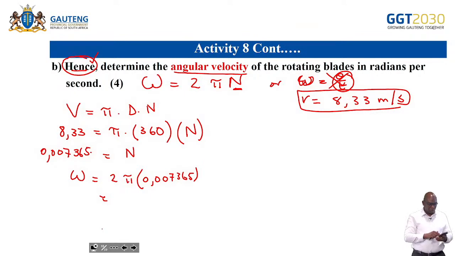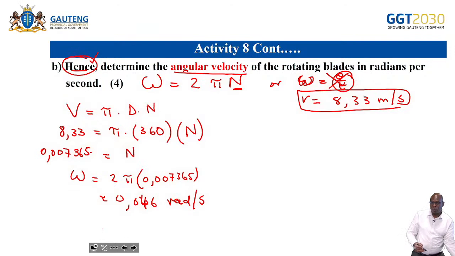So I'm going to say 2 pi, then multiply this by 0.007365. Okay, so my angular velocity will be 0.046, and that will be radians per second.